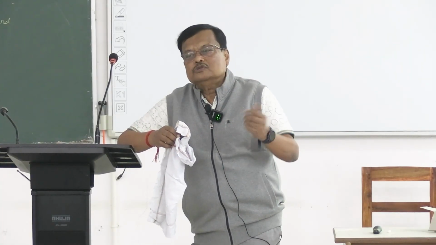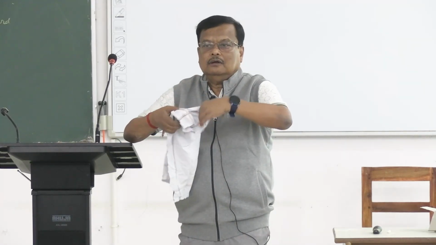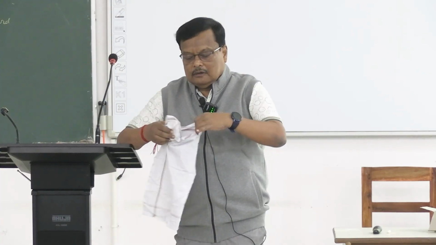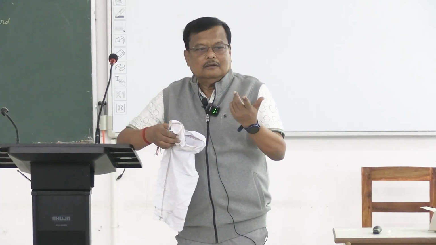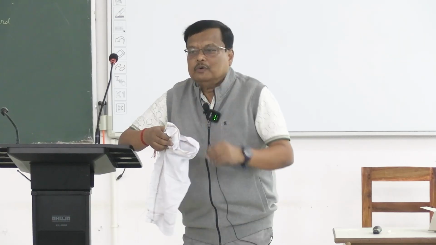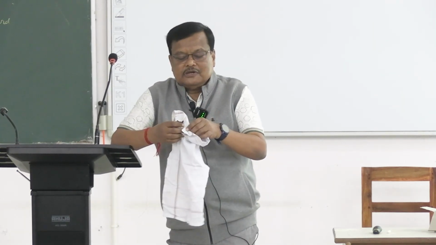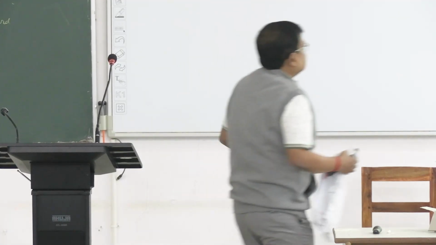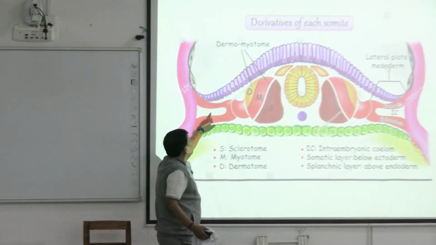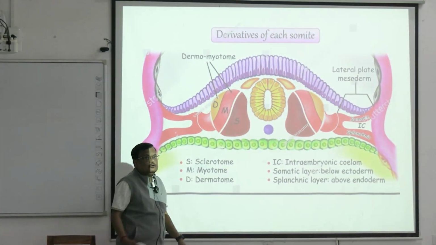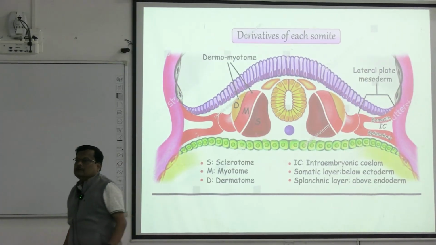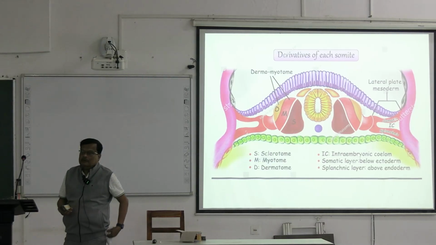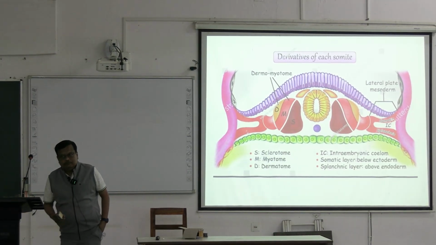So the intraembryonic coelom ultimately produces the peritoneal cavity, pleural cavity and the pericardial cavity, right? This is the intraembryonic coelom.